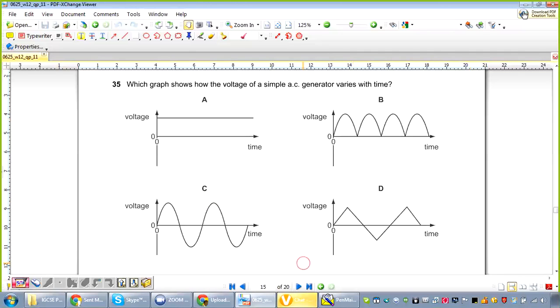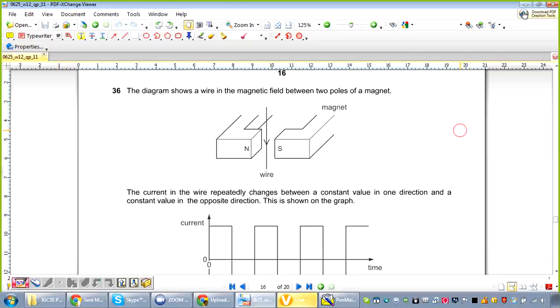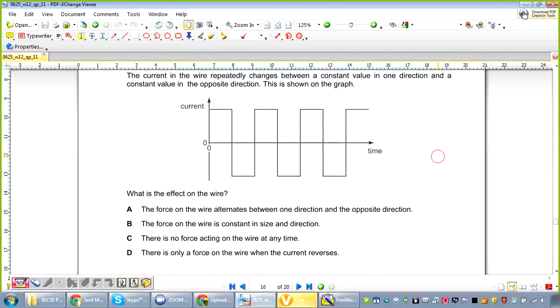That is C. So can you go down? So B, the second option.